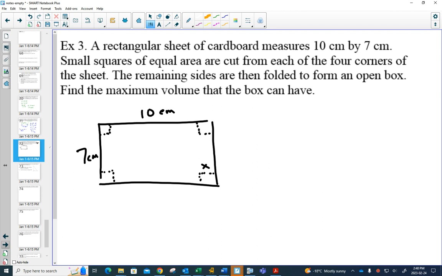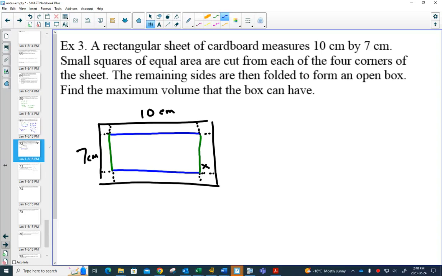So we'll call the side length of them x. We then would fold along these two blue lines and these two green lines. After that's cut out, if we fold along those lines, we would make an open-ended box.